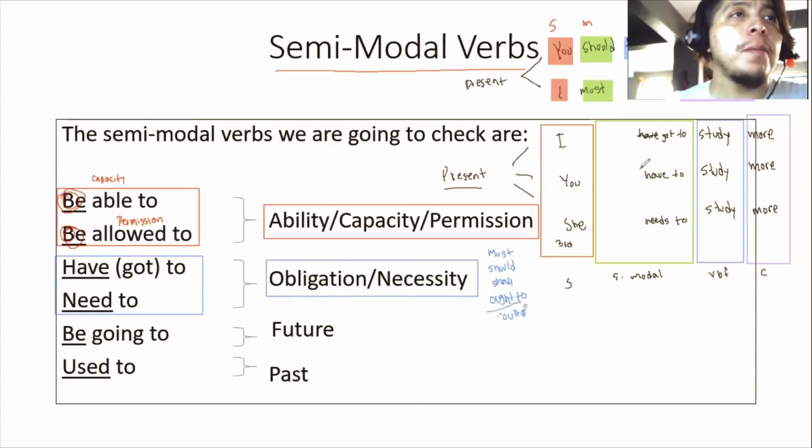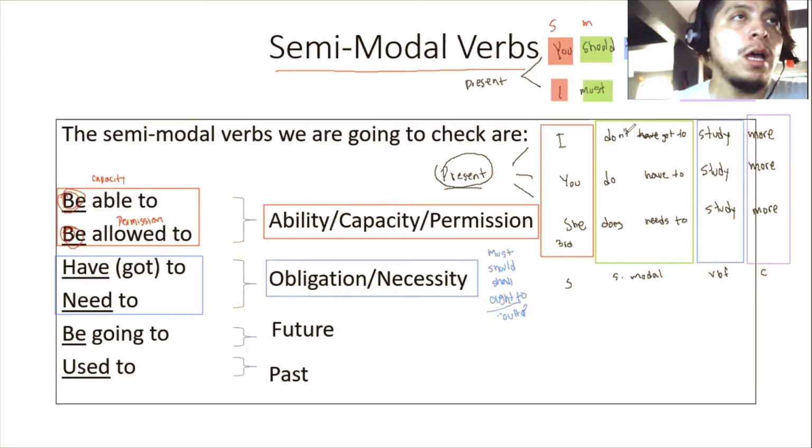Because again, remember, the tense is the present. These are in the present. What is the auxiliary for the present? Have is not the auxiliary for the present. The auxiliary for the present is do or does. I do, you do, he or she does, right? So when you make a negative statement, the auxiliary takes the negative.